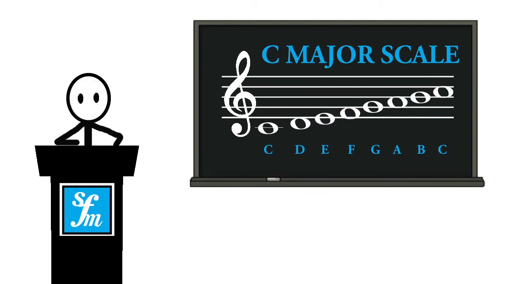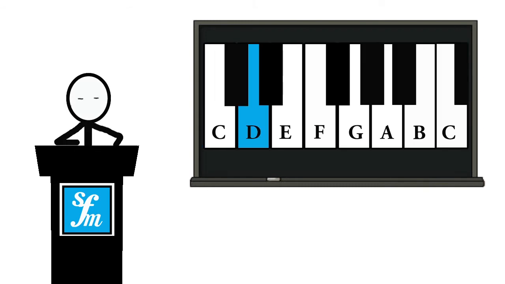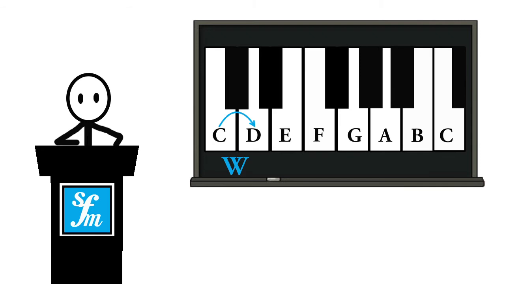All major scales have the same structure. This is to say that they all have the same sequences of intervals. Let's look again at C major. C, D, E, F, G, A, B, C. C to D is a whole tone, as in they have one piano key between them.